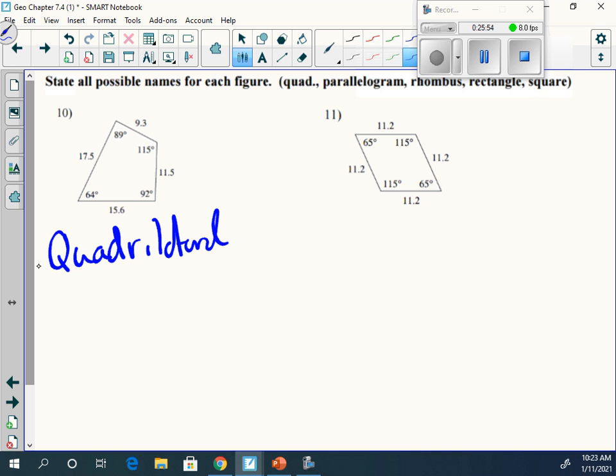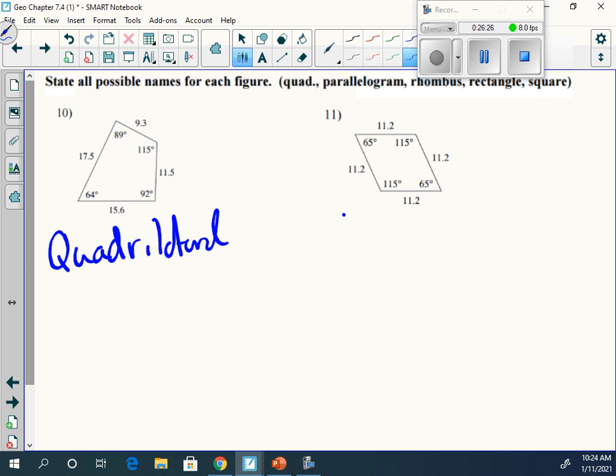Well, it'd also be a parallelogram if the opposite angles are congruent. Are the opposite angles congruent? So we can't say that either. So we can't say anything else about it, because if it isn't a parallelogram, it can't be a rectangle, it can't be a rhombus, and it cannot be a square. So that's it. This here is just a quadrilateral.